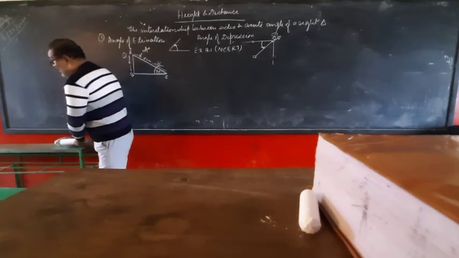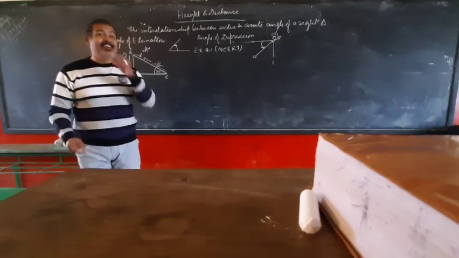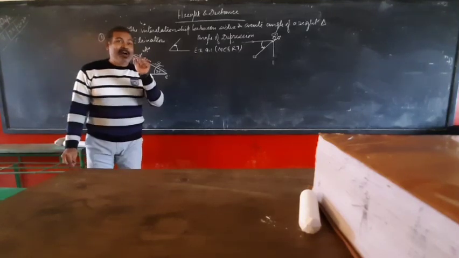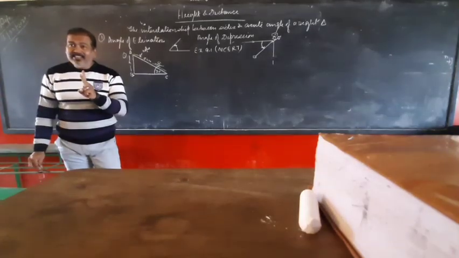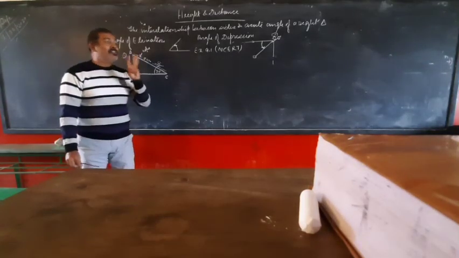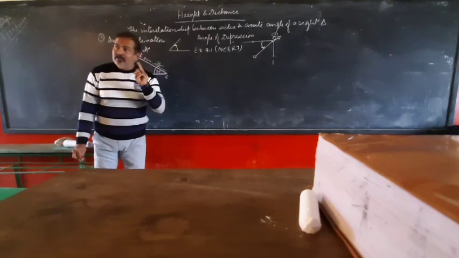In the beginning, I told you that height and distance questions are about the interrelationship between one acute angle and two sides of a right triangle. Out of these three, you are given two, and you have to find the third value.